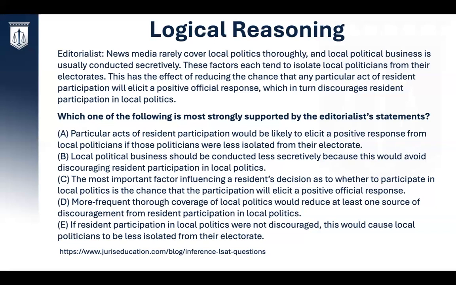These are long. And one of the things that I would encourage you to do while you're practicing, read the prompt, then read the first answer. So what we're trying to do here is find which answer is most strongly supported by the editorial statements, right? So which answer do you think that this writer would agree with?